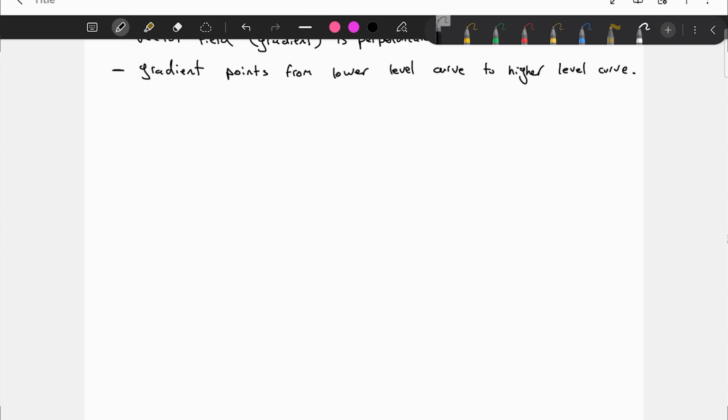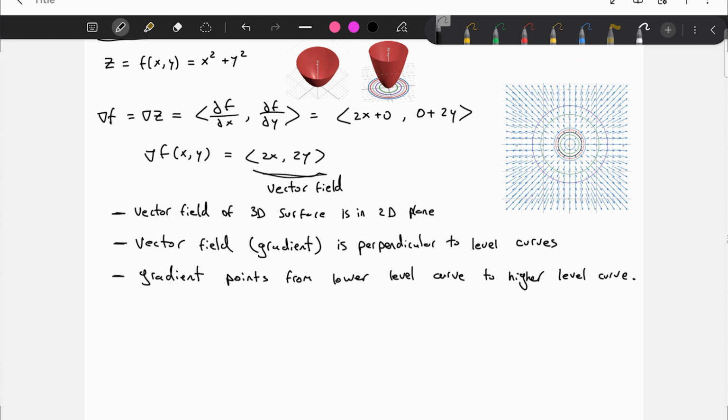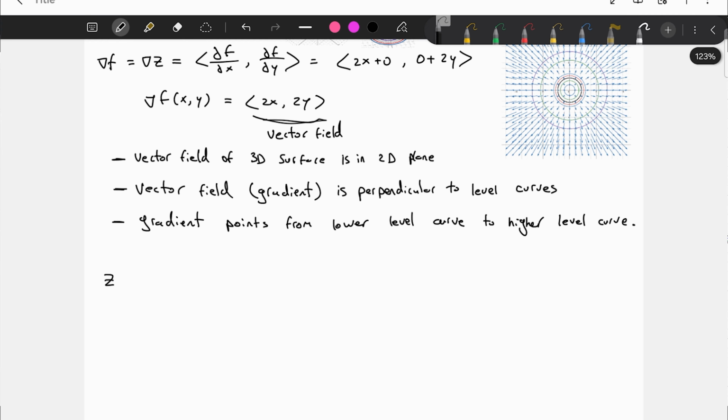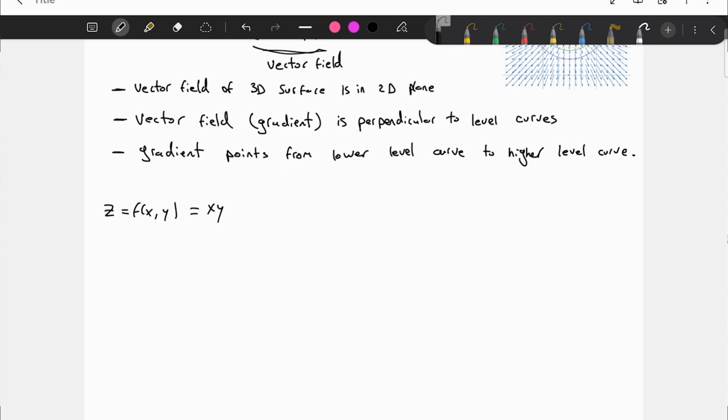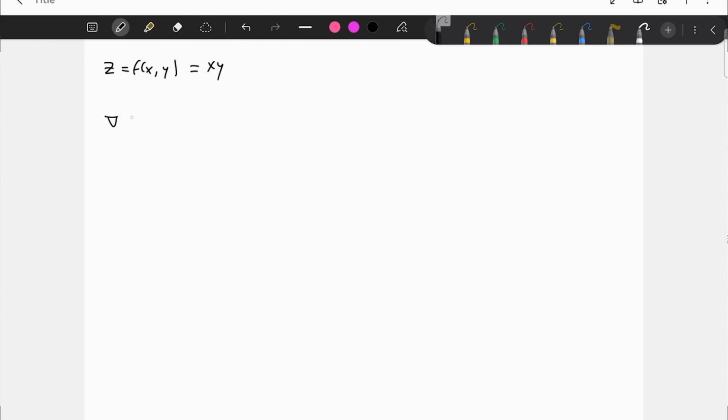I feel like this video is getting a little bit long, so I'm gonna speed up. And for our other example, z equals f of x and y equals xy. Gradient equals, and we have this.